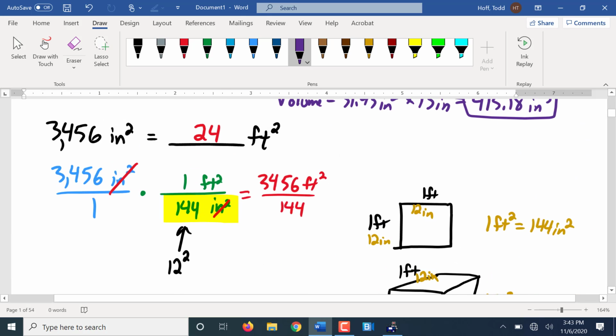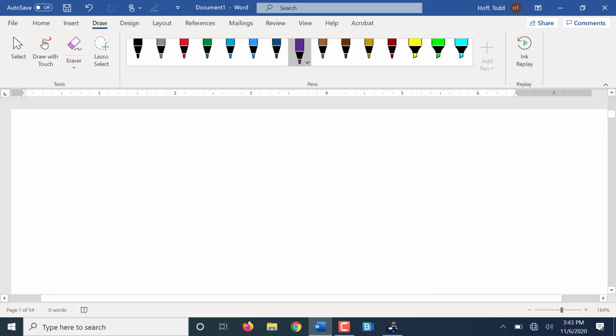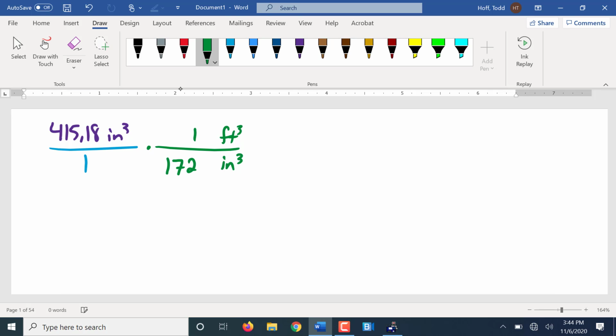So now back to our original question, we had 415.18 cubic inches. It is going to be way less than a cubic foot. That is true. So if we put cubic inches here going to cubic feet, 1 cubic foot is, what's the number? 1728, perfect.